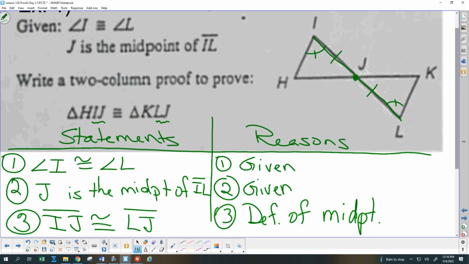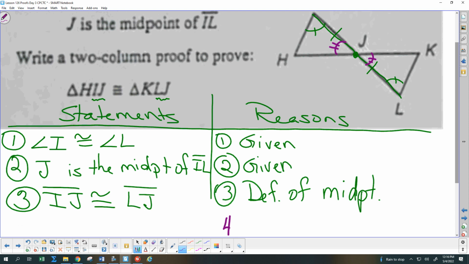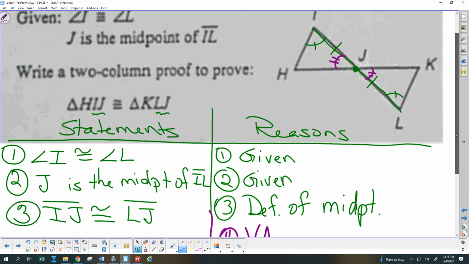So now I look at my picture. I want to prove congruent triangles, but all I have is one set of sides and one set of angles. So I need to figure out some other things that are congruent with reasons. Griff? So vertical angles right there in the middle, so we can mark those. And our reason will be vertical angles. And is it okay for me just to say angle J is congruent to angle J?